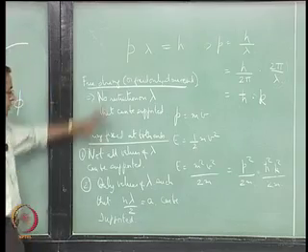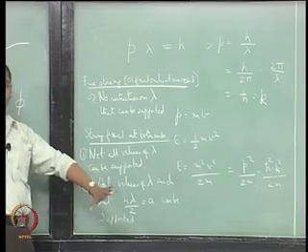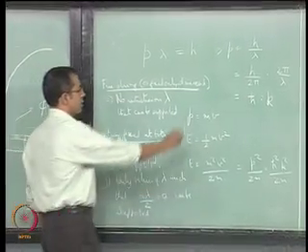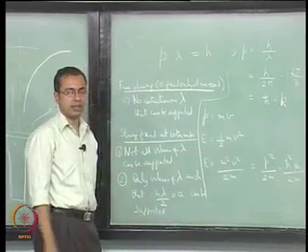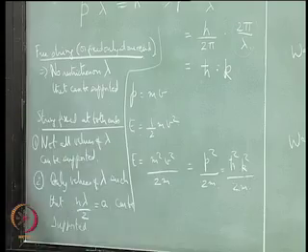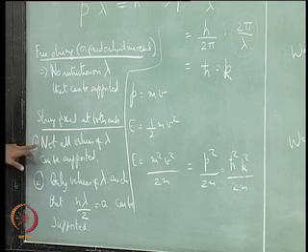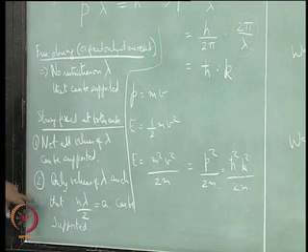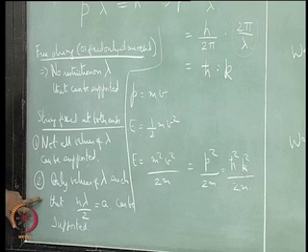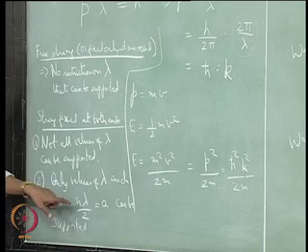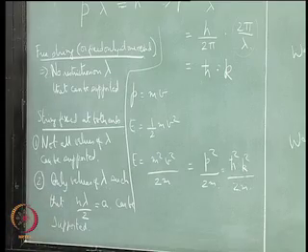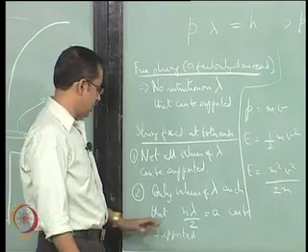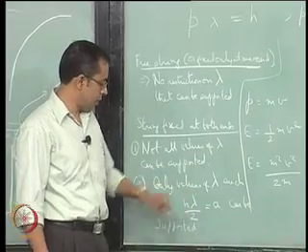So we see immediately that there is a difference in the two cases we have just looked at. I put it down here because we are going to relate to this information, that is the reason I have put it down along with it. We realize that not all values of wavelength can be supported, and more specifically, only when n lambda by 2 is equal to a, the distance within which that string is confined, only those values of lambda corresponding to this can be supported.